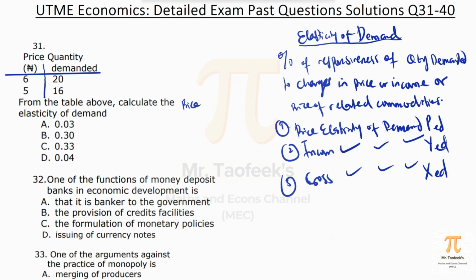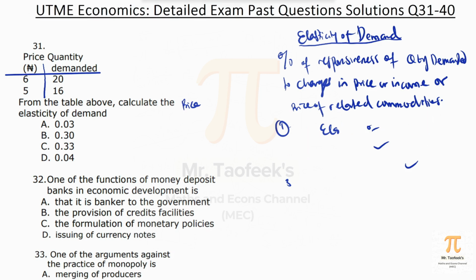To changes in price, that is the PED, or income, that is the YED, or price of related commodities. Are we together? Because of this question, we will be focusing on, of course, the PED. So anytime we come across other ones, we're going to explain them. So the PED itself, now let's zoom in on the price elasticity of demand.